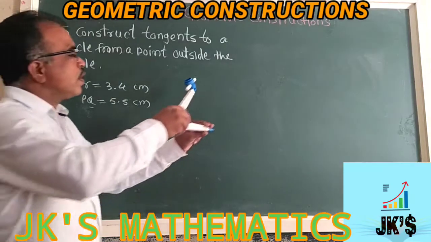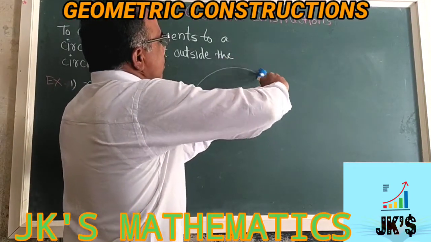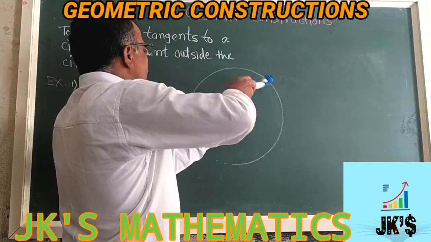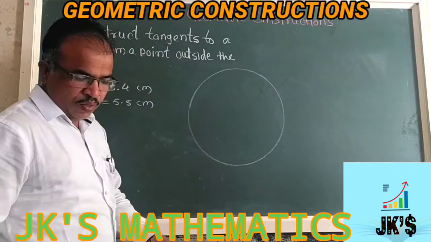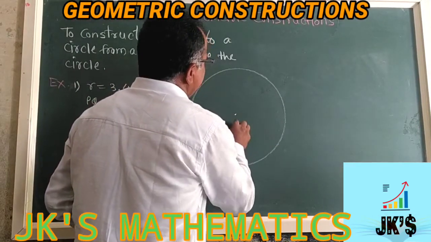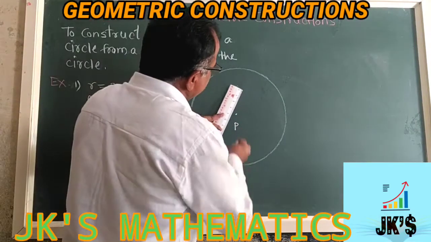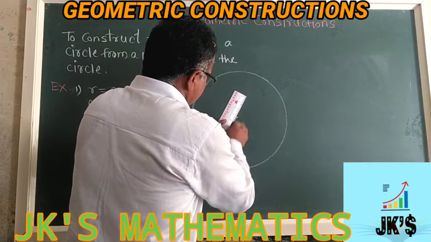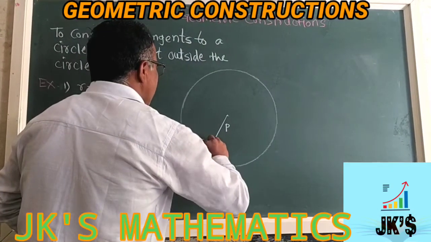Okay, this is the circle with the center and 3.4 radius. The center of the circle is given as P. Radius of this circle is, we mention it, this is the radius 3.4 centimeter.